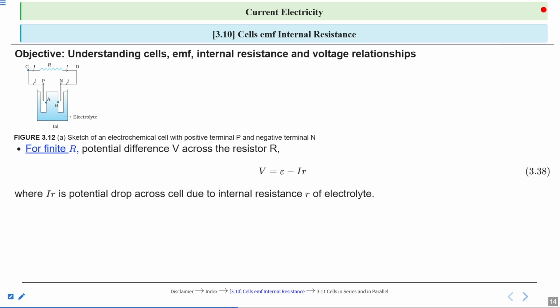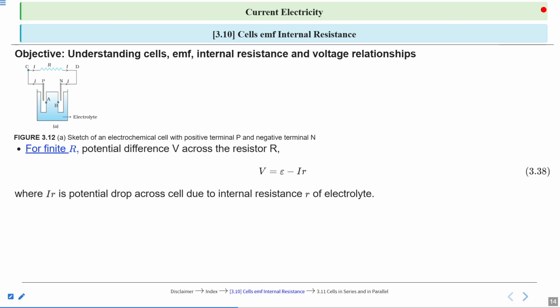Now this potential difference V is less than the EMF. When the cell is not in use, the EMF is equal to the potential difference. Now the cell is in use, and current is flowing through the cell. This potential difference V, which is across the resistor R, is less than the EMF, because current is being drawn and there is some potential drop inside the cell, not in the outside circuit.